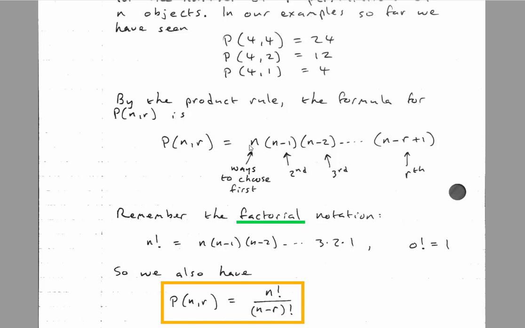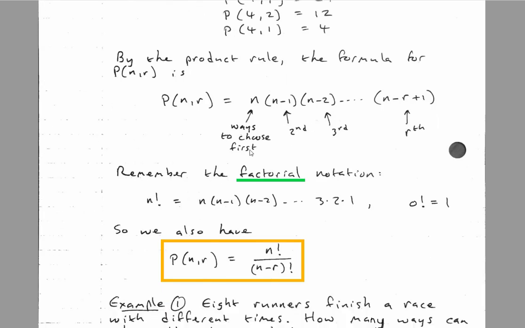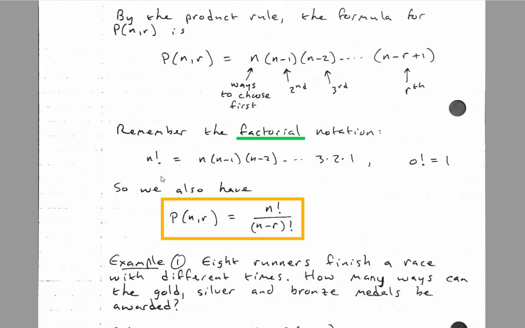So we're just starting with n, going down by 1 at each step. There are r numbers in this product. That looks like a factorial. So remember the factorial notation with an exclamation point.